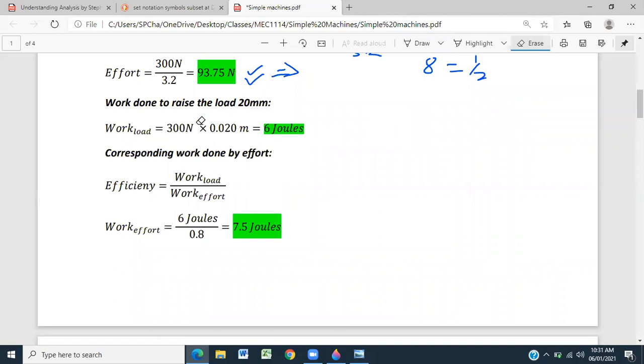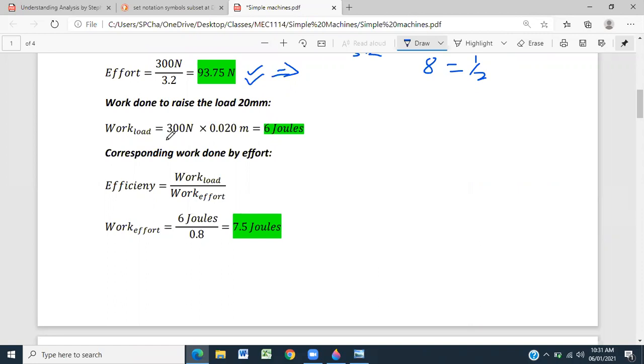So the work done, to raise the load 20 millimeters, is the force we use, the force of the weight of the thing, for 20 millimeters. What that says is, in order to raise this load 20 millimeters, we had to apply 300 newtons of force for 20 millimeters.